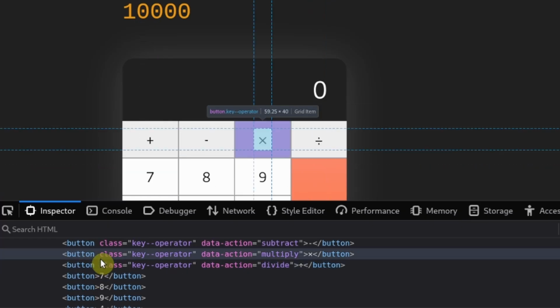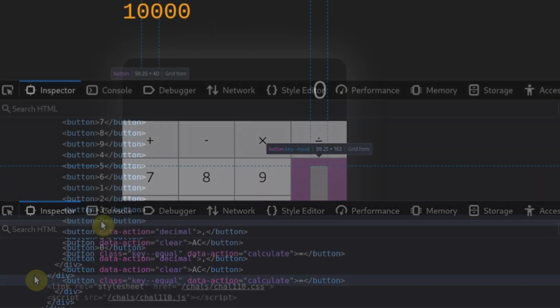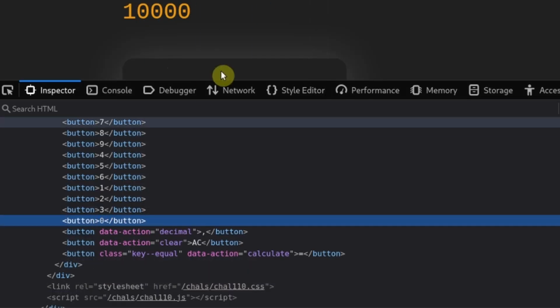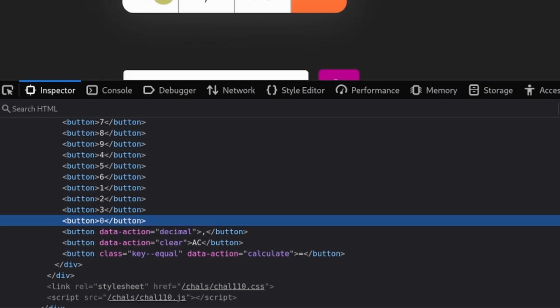So right now we've got 0, we got the buttons, no, this is the 0 button over here. This is the 0 button that we're looking at, yeah. Change a button value, no, the button one.